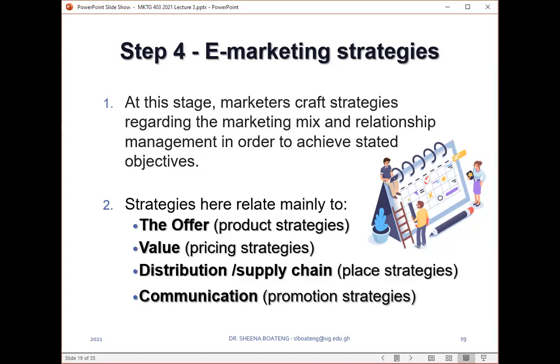So we use the 7 Ps in all scenarios to ensure that we are doing the most in terms of e-marketing strategy to convince customers to patronize the brand's products or services online.